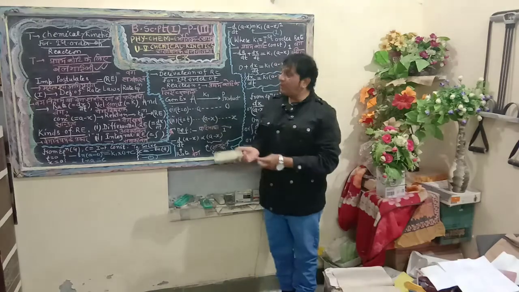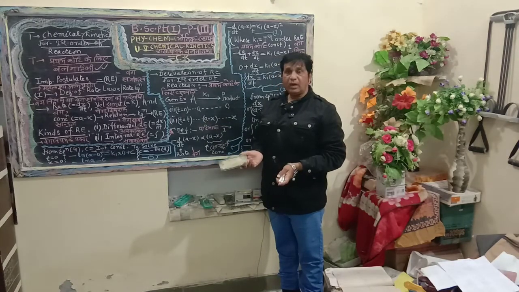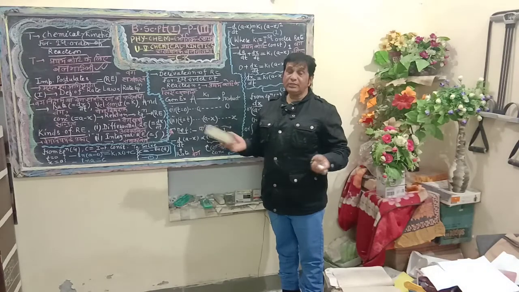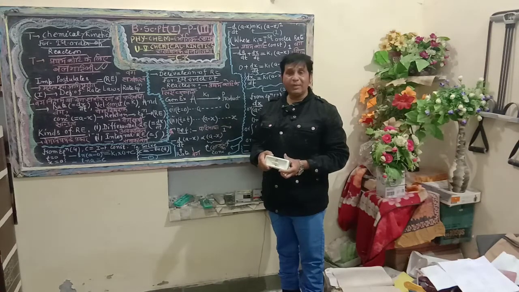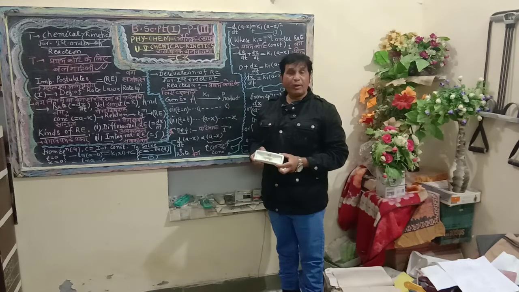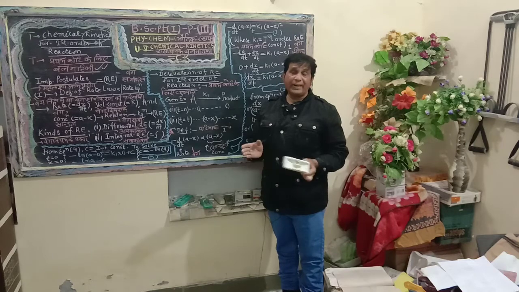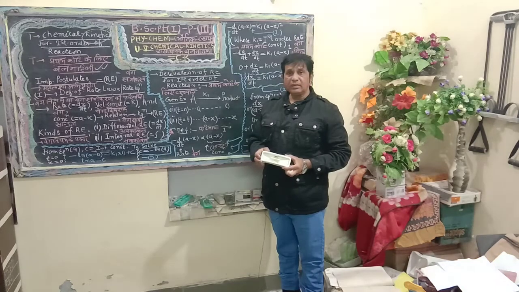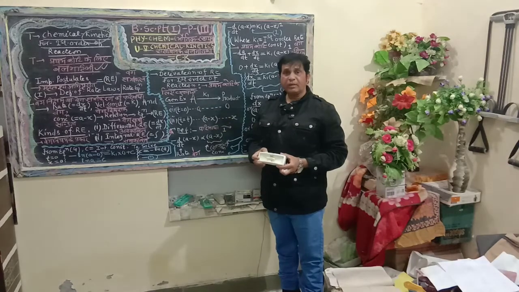Next one, the calculation of the half-life period. Then students have to write down the theory of the Wilhelmy equation, a numerical problem, and a specific example for a first order reaction. These were the various important points students have to write down for complete information in kinetics.